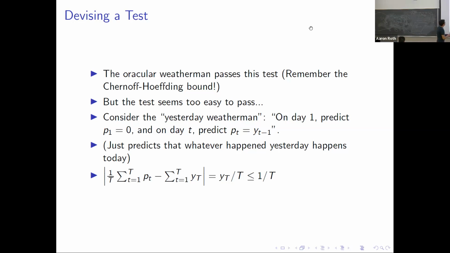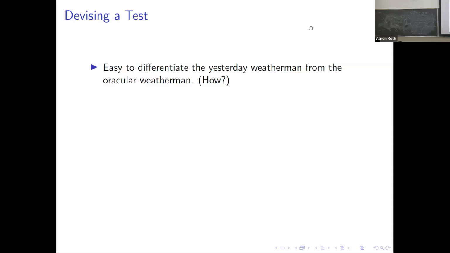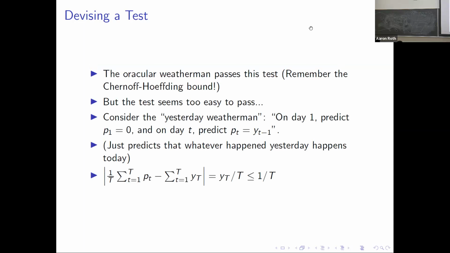So if this is what we use to test weathermen, then they don't have to invest in meteorological training. Maybe this is how we keep our weathermen employed, and then someone figures out they can use this yesterday weatherman strategy, and they start using that.